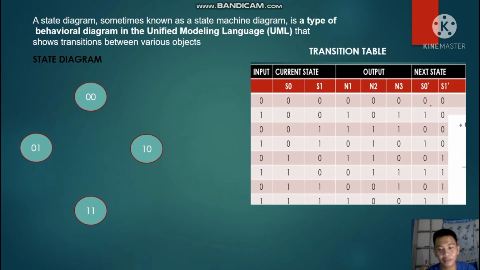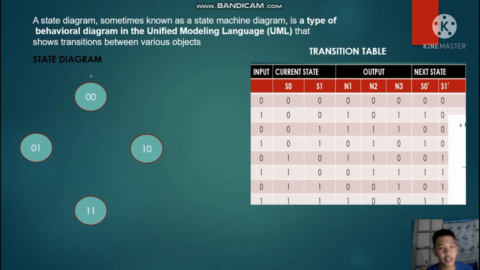So next, a state diagram. Sometimes known as a state machine diagram, it is a type of behavioral diagram in the Unified Modeling Language or UML that shows transition between various objects. So we have here our transition table, and we have here our state diagram. We have four states: 0 0, 0 1, 1 1, and 1 0.